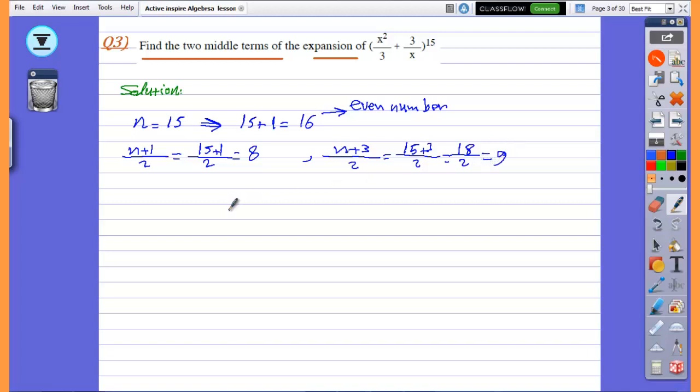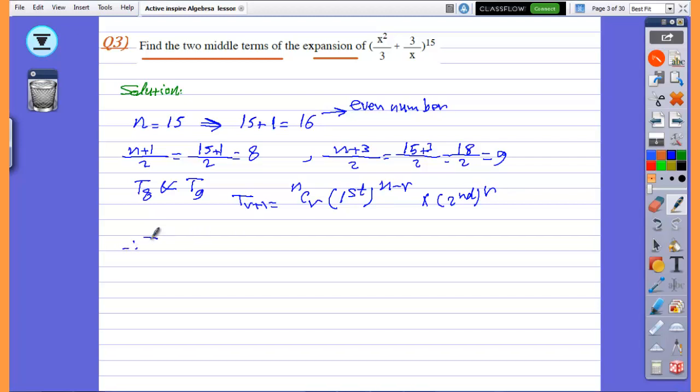So the two middle terms are T8 and T9. Okay, now we write the general term T(r+1) equals nCr. Right, first we write the rule: first term power n minus r multiply second term power r.